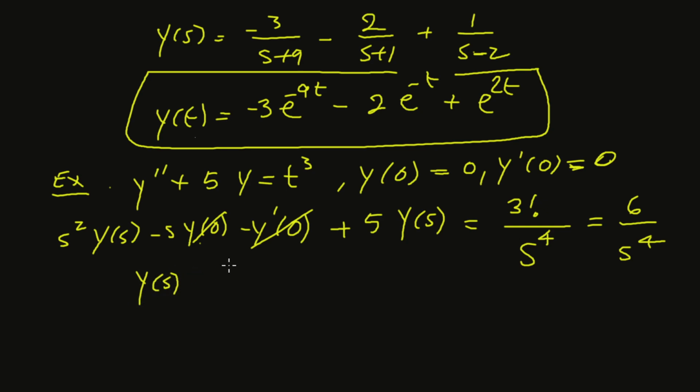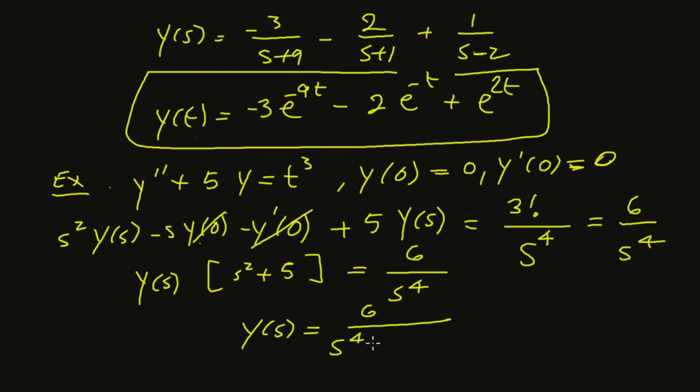So that leaves us with y of s times s squared plus 5 equal to 6 over s to the power 4, and y of s is 6 over s to the power 4 times s squared plus 5.